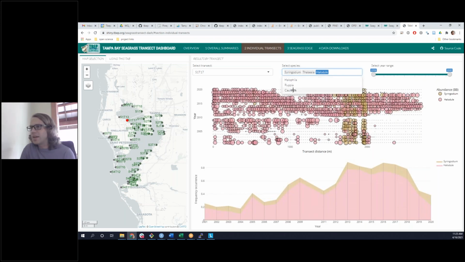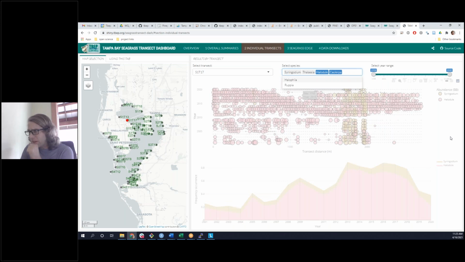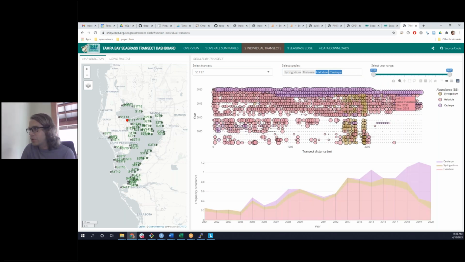Just to emphasize a point that Chris made, we actually had an option here to put Caulerpa back in as an attached algae, because this is an interesting phenomenon we're seeing where it looks like in some places Caulerpa is replacing the seagrass species, and we don't really know the mechanism behind that, and we don't know the implications of whether or not that's a good, bad, or neutral change in terms of the habitat benefits or services that it provides.